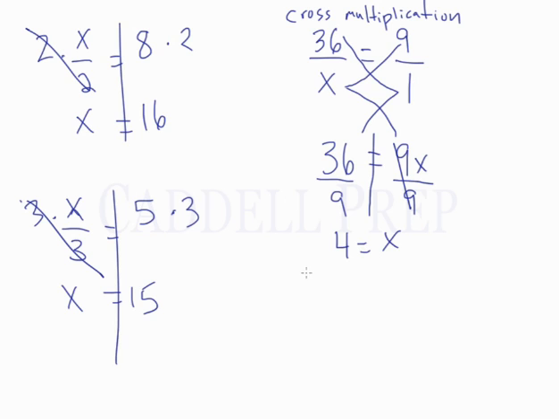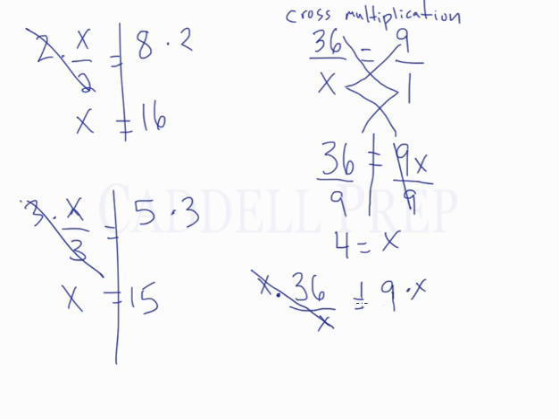Okay, we'll just go through this now without using cross multiplication. So if we had 36 over x equals 9. Right, this is a little different because now we're dividing by x. Even though we want to get x by itself, we don't want x to be in the denominator. So let's get a numerator by multiplying both sides by x.